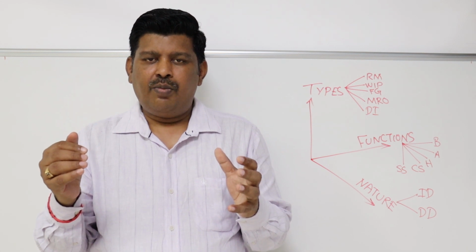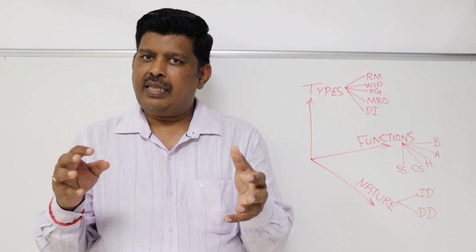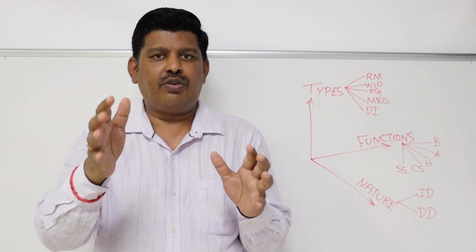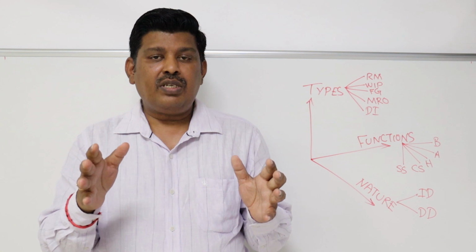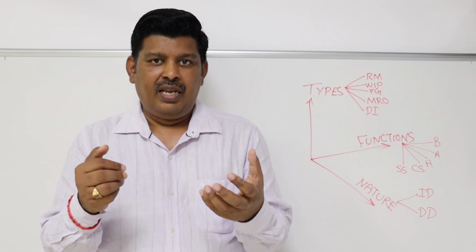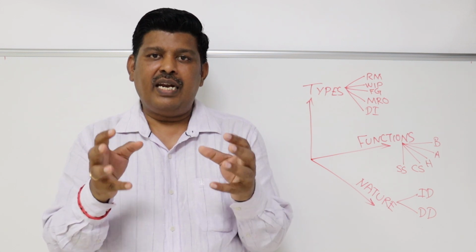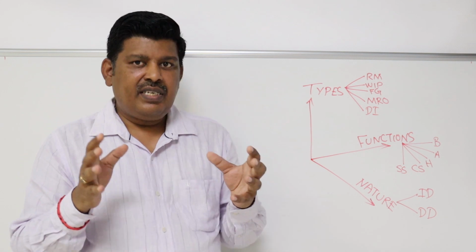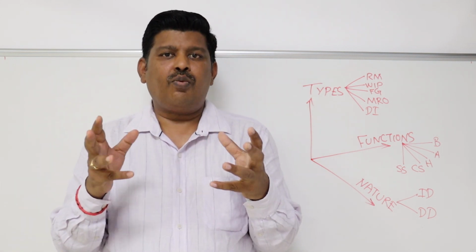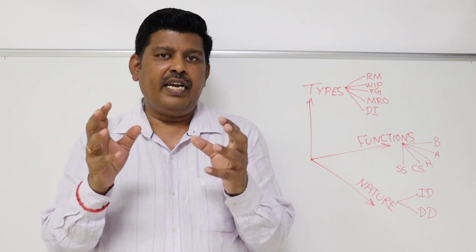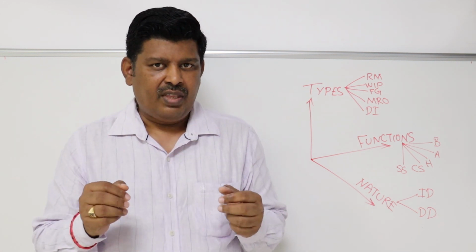So the moment you add a small value or the greatest value, it is still work in process until it becomes finished goods. And finished goods are the very purpose of the organization, because the organization exists to sell these finished goods into the market and make profit.